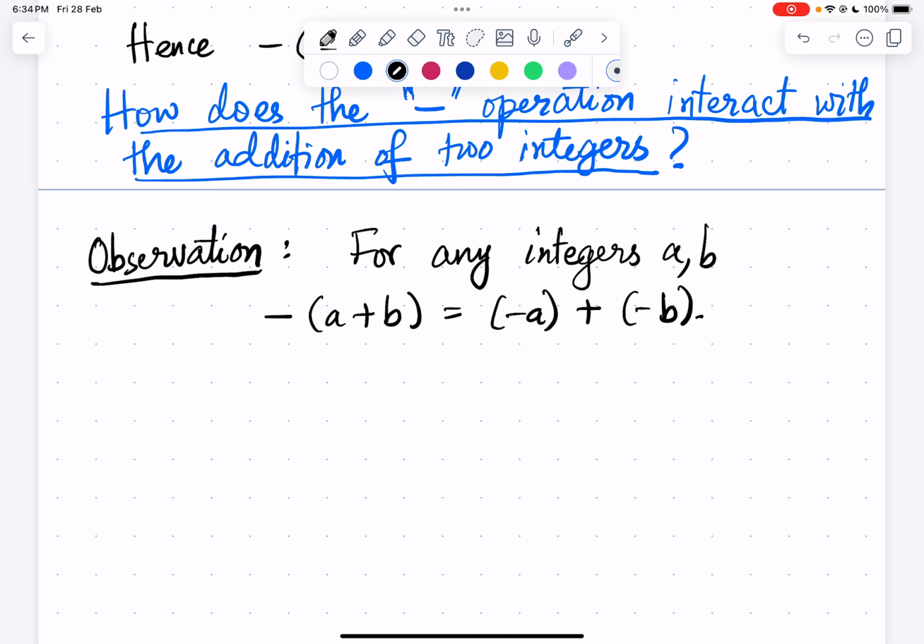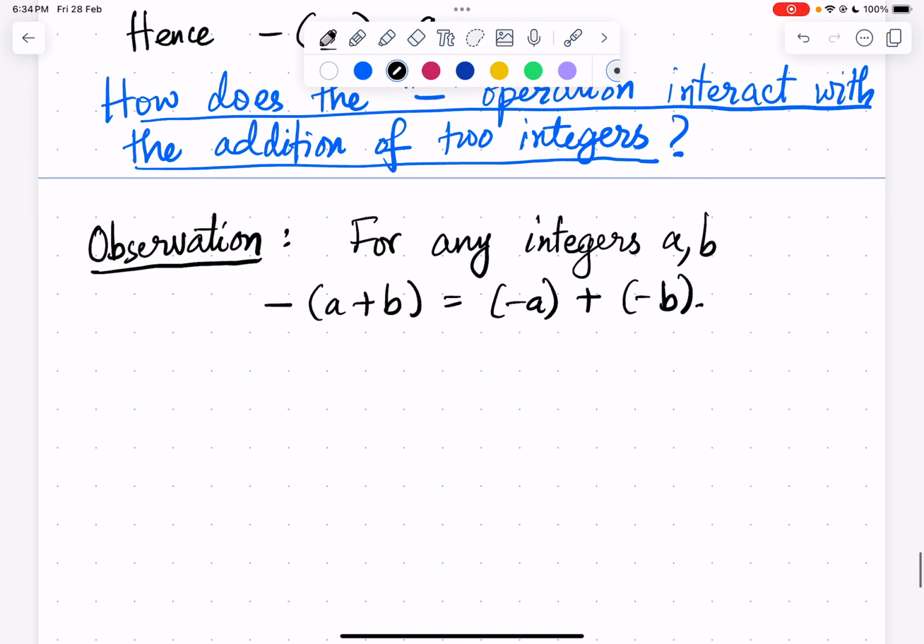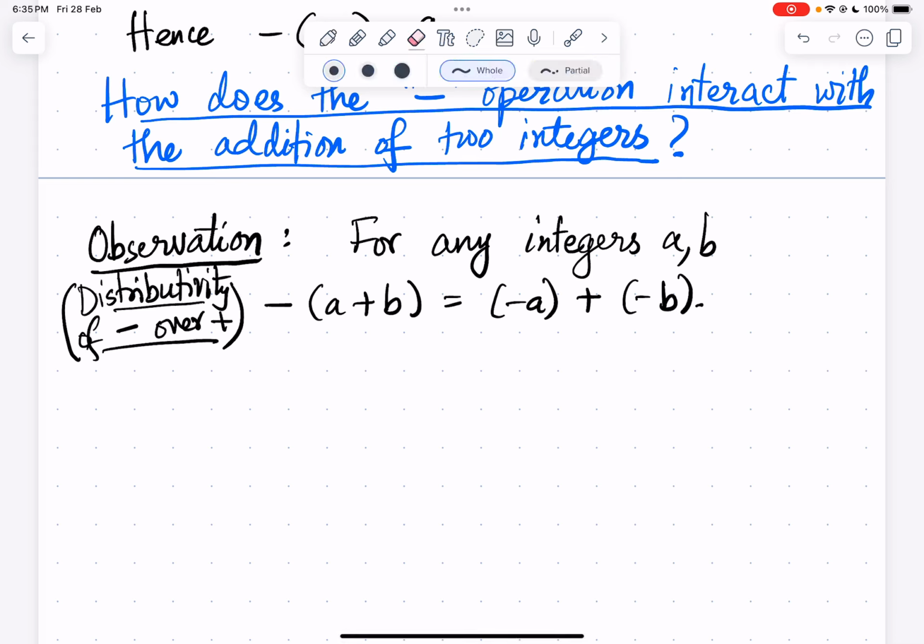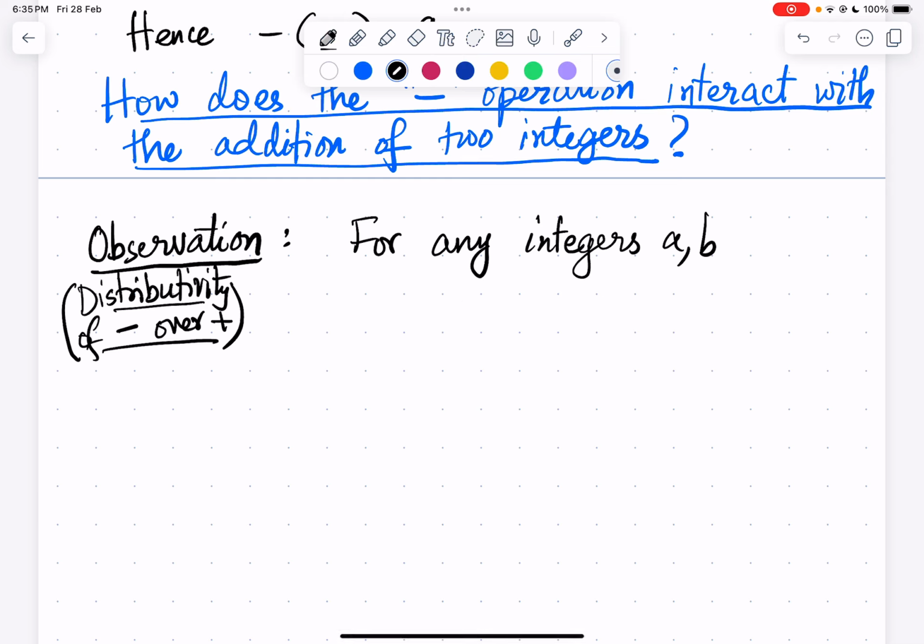We can call this distributivity of negation over addition.